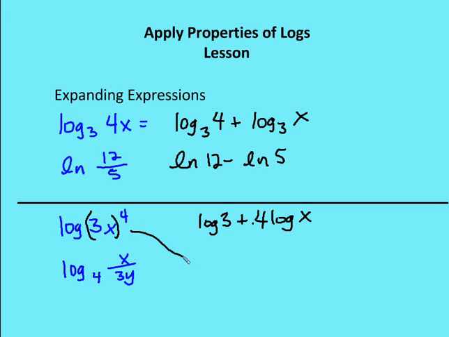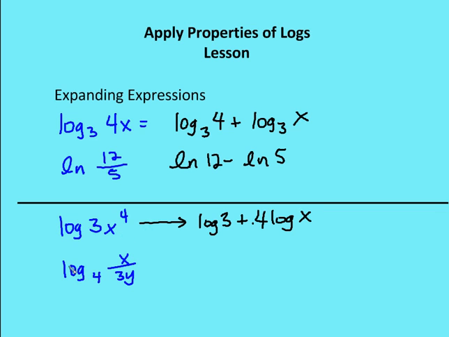If I were to solve for this particular problem, then I would have 4 times log base 10 of 3 plus log base 10 of x, all in parentheses. So you see the difference between the two versions that I've just highlighted for you.